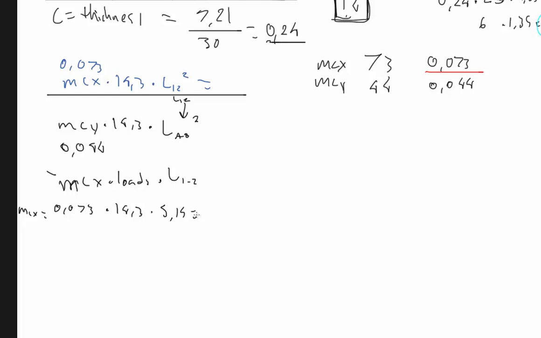Let's take the other one, and also for mcy we get the same, but 0.044 times the same, which is again squared as well.